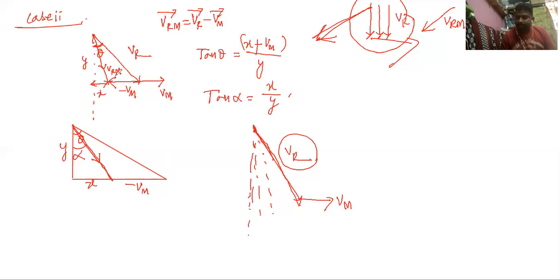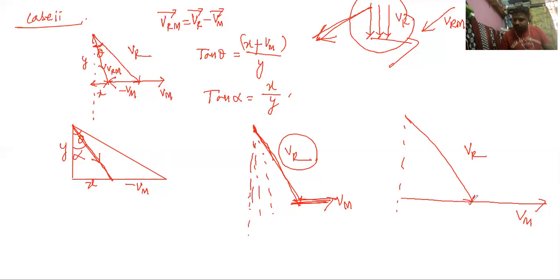All right, clear? And there is a last case. If this velocity increases, what happened, you know? If it is velocity of the rain, actual velocity with a vertical, man is moving like this. This is Vm. So this will be the Vr minus Vm bar. This is Vr bar.